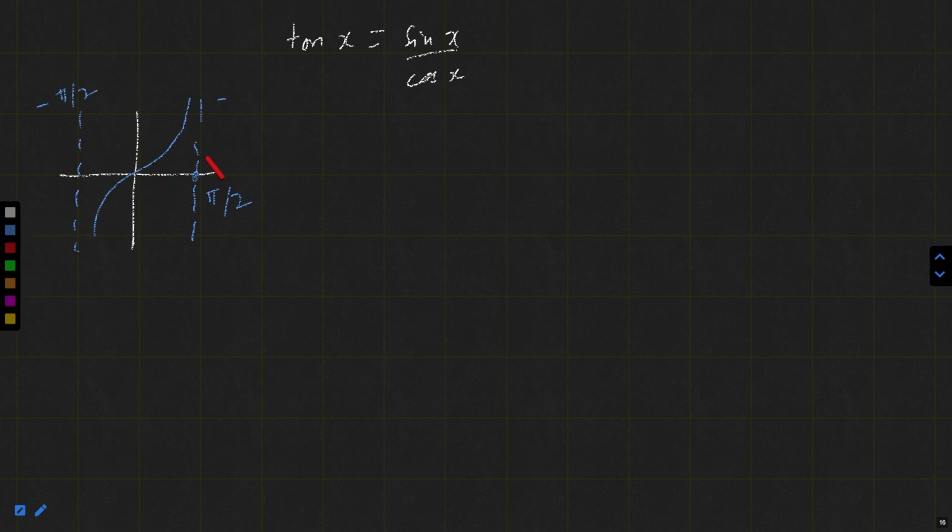So my principal branch will be minus pi by 2 to pi by 2, open interval.